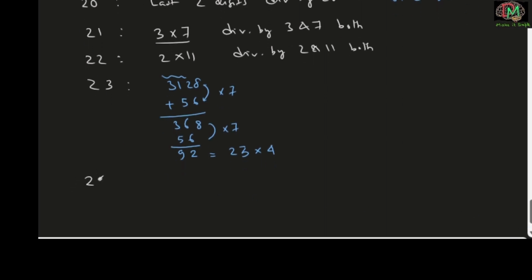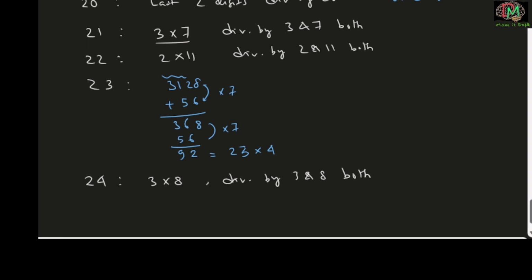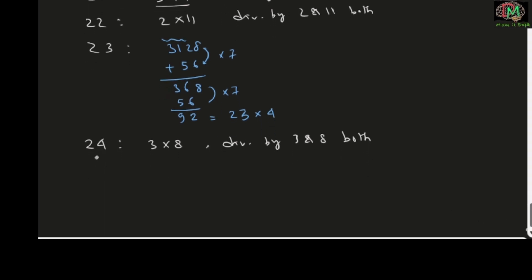Next is 24. We can prime factorize it as 3 and 8. So we have to check whether it is divisible by both 3 and 8. Next is 25.